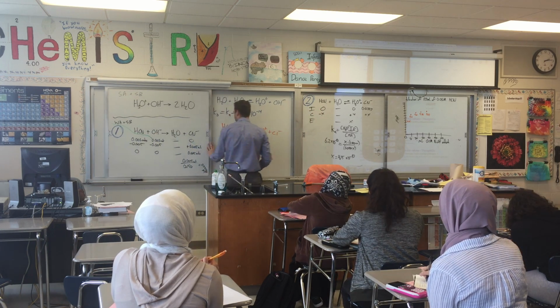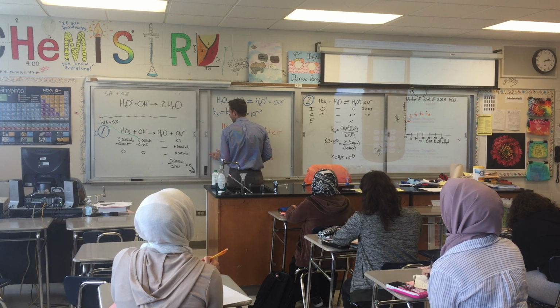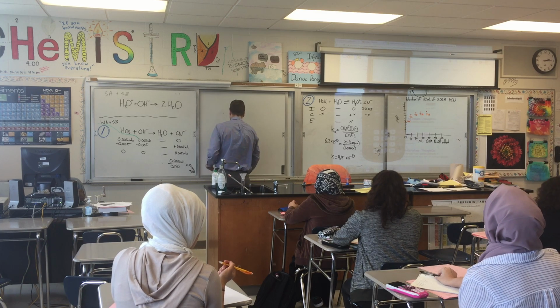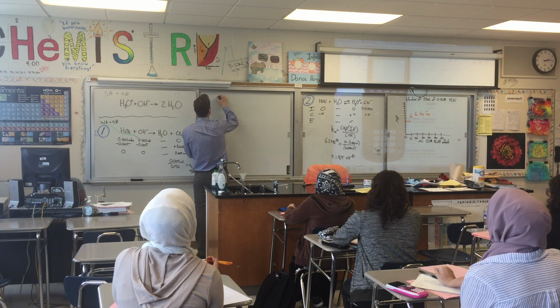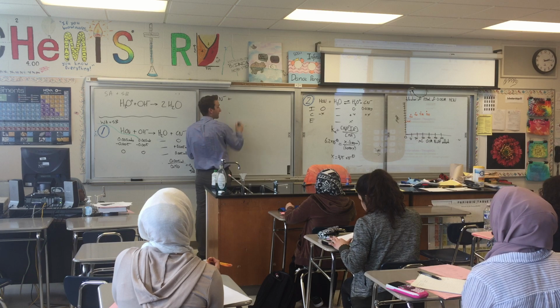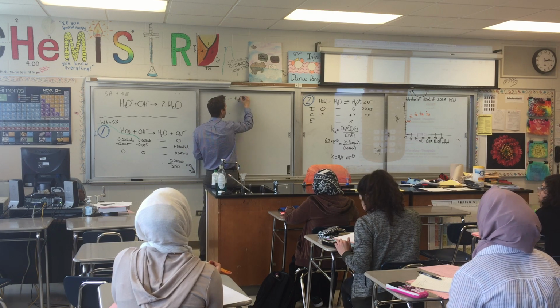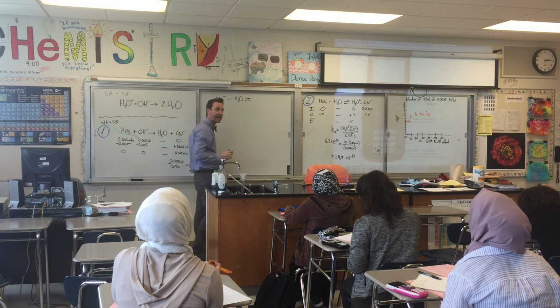What we need to do now, since our strongest base in solution is CN minus, is ask what CN minus does. We said that's our strongest base and our strongest acid is water, so those are going to react. What do they form?